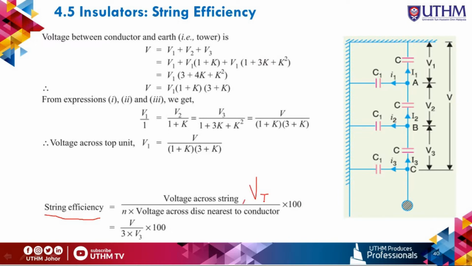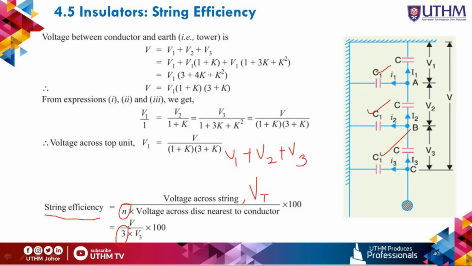V total is V1 plus V2 plus V3. Then you divide by n. n is the number of the insulators. We have 3 insulators here.